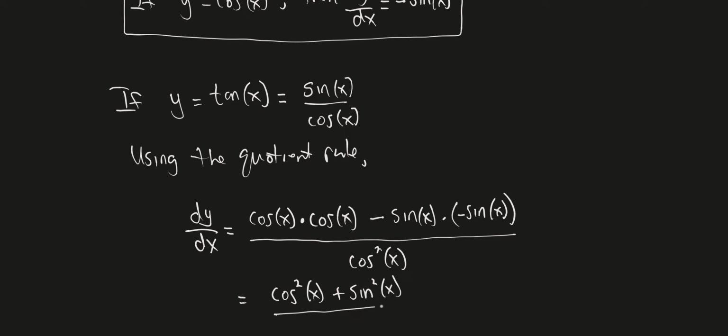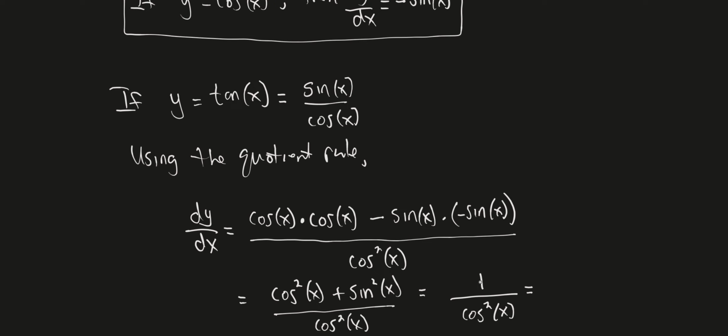And at the bottom, we still have the cosine squared. But look at the top. There's that fundamental trig identity again. That cosine squared x plus sine squared x is always equal to 1. So I have 1 over cosine squared x.